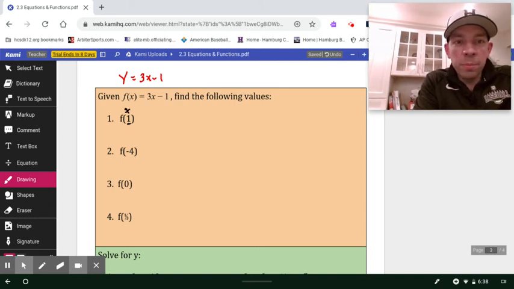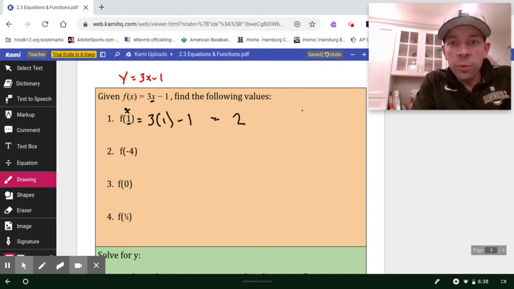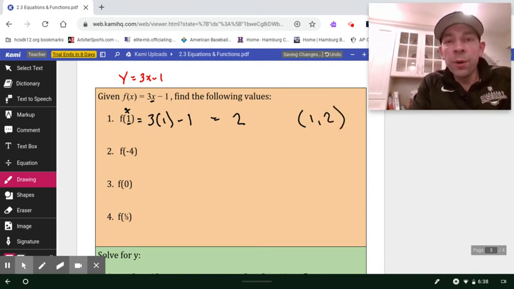It's very important to note that the number in the parentheses is your x value. So think about replacing that x with a 1. So 3 times 1 minus 1 is going to make 2. In other words, 1 comma 2 is a solution to that function, and when we go to graph it, the graph is going to pass through that point.